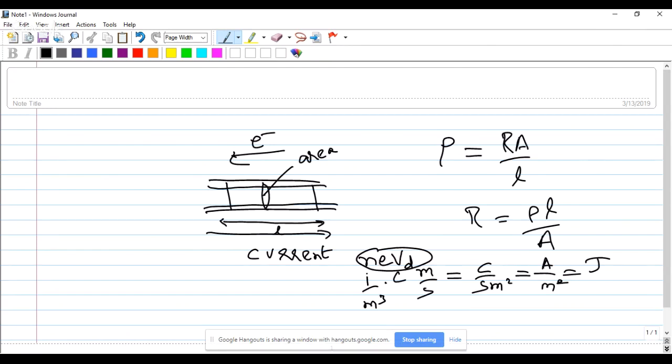In fact, if the area in which the electrons move is less, so if A is small, you will only increase the resistance of the wire. So for most applications, we don't want high resistance. We actually want resistance to be small, which is why we don't ever use hollow conductors unless you're looking at charge transfer across the surface or things like that. So area here always refers to the cross-sectional area.